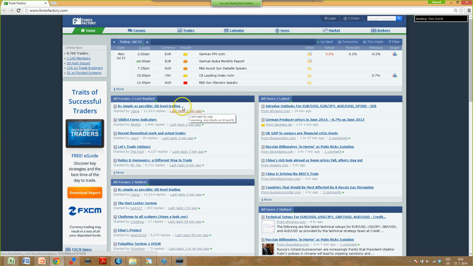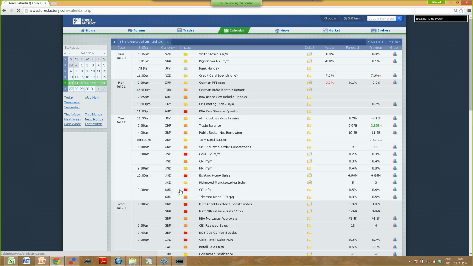Today we have some lighter news throughout the day, but also, actually tomorrow already, the Governor Stevens speaking. Of course, it depends on your time zone, but in Australia that is already Tuesday. And then we can take a look at the rest of the calendar here.